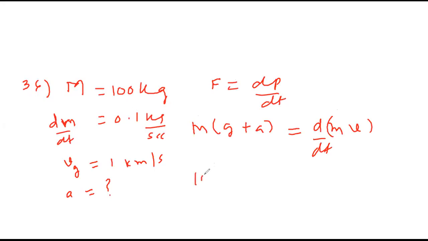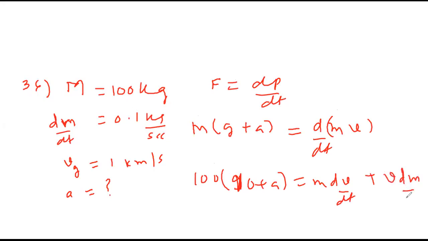That means 100 into g, 10 plus a, equals m dv by dt plus v dm by dt. If something is constant, its change you have to take 0.